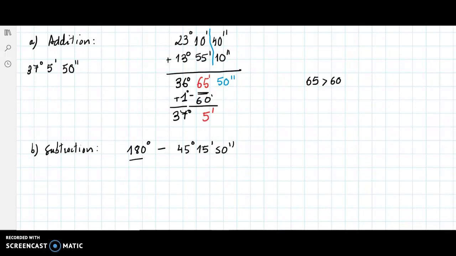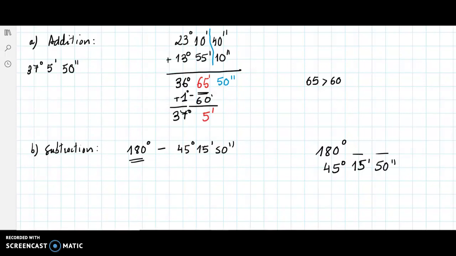The greater number is 180, so it is above. And under this number, we write the 45 degrees, 15 minutes and 50 seconds. The problem here is that we don't have minutes and we don't have seconds.